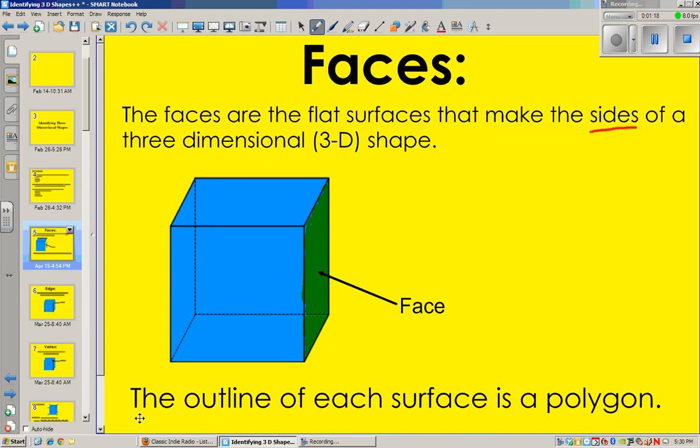Another way to think about it is that they outline the surfaces of a polygon. The faces on this figure are squares. How many faces can you count on this figure? Pause the video right now and count all the faces of this figure.